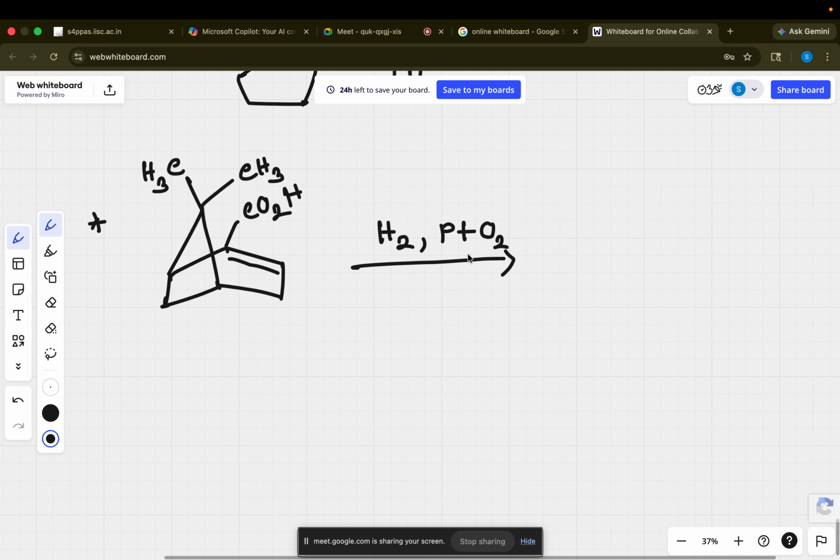Syn addition will happen. This is Adams catalyst, right?